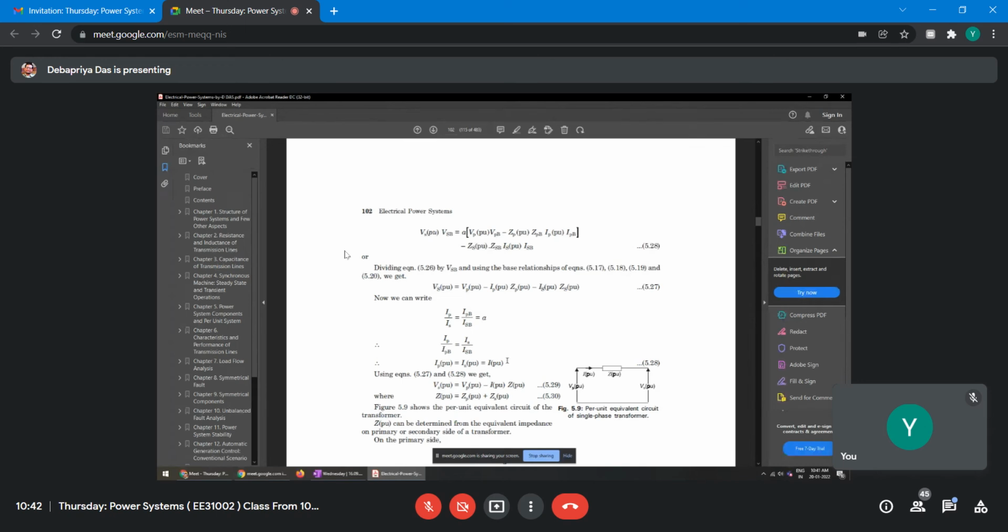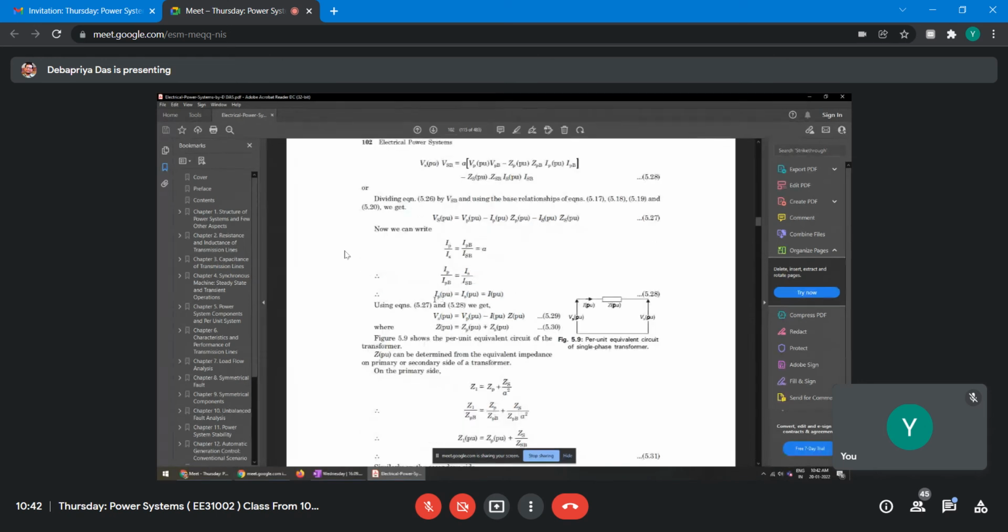So in terms of per unit, the current in the primary side and secondary side are the same. Putting this relationship in equation 27, you will find the secondary side per unit voltage is equal to the primary side per unit voltage minus I per unit into Z per unit. This is the per unit equivalent representation of a transformer, right?